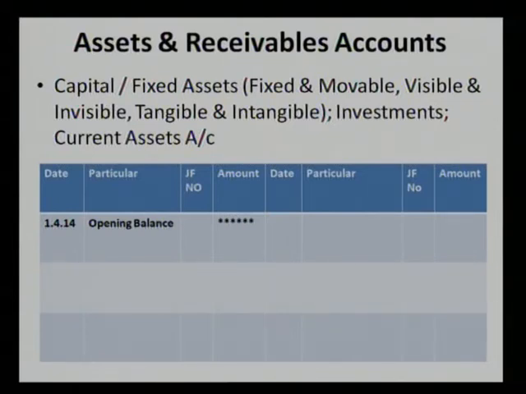Current assets include cash and bank balances or the bank accounts, the debtors account, bills receivables and expenditure paid in advance. So all such accounts have the debit balance. So again, with the help of the specimen account, you will be in a position to open the accounts related with any of the assets or the receivables, with the help of the last financial year's closing balance sheet.